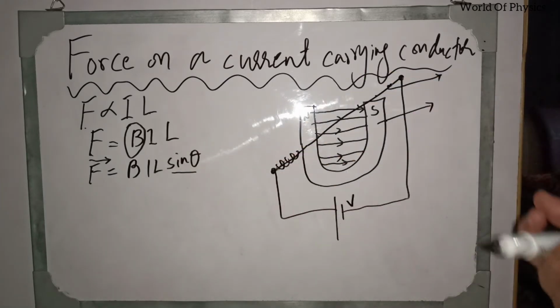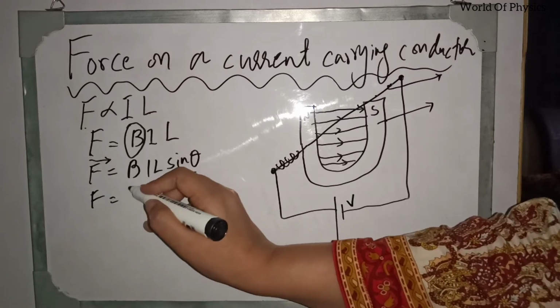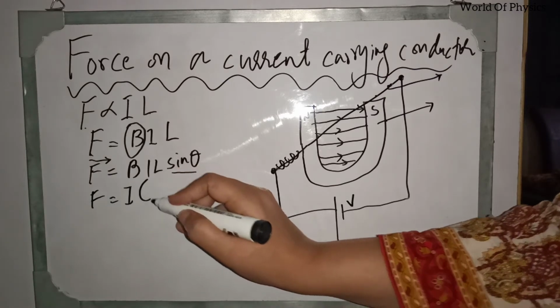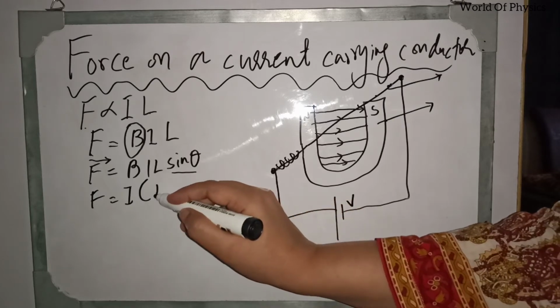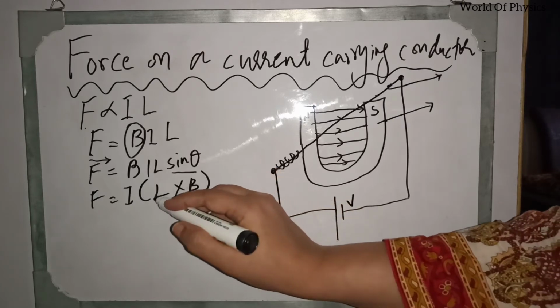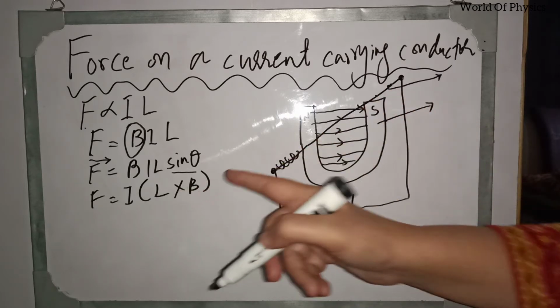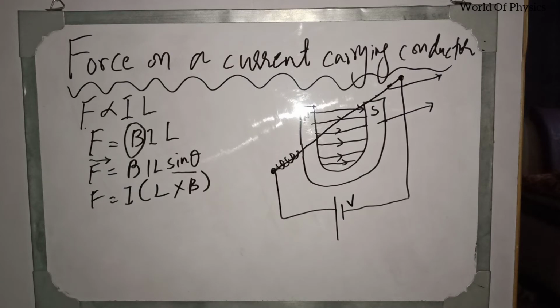In vector form, I will write this equation as F is equal to I into L cross B, where L is the length of this wire and B is the magnetic field.